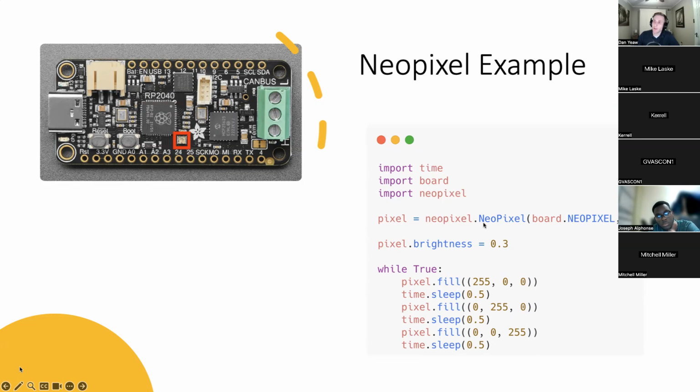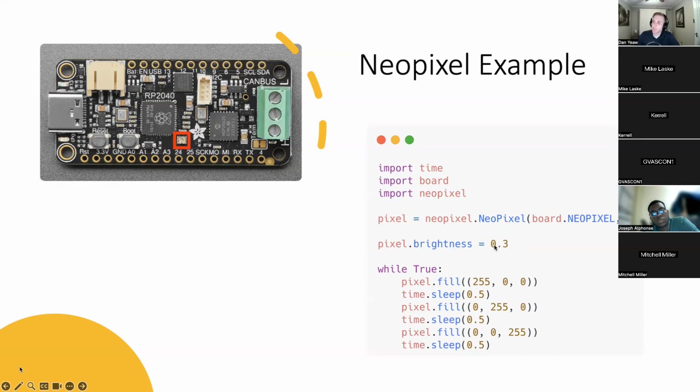So we're calling that library, creating this NeoPixel, and once again, passing in board.NEOPIXEL. So CircuitPython has everything for this board mapped and knows, hey, there's a NeoPixel here, and it maps it for us. This sets the brightness. So 1 is the highest brightness, but we could lower the brightness if we wanted to down here, right?